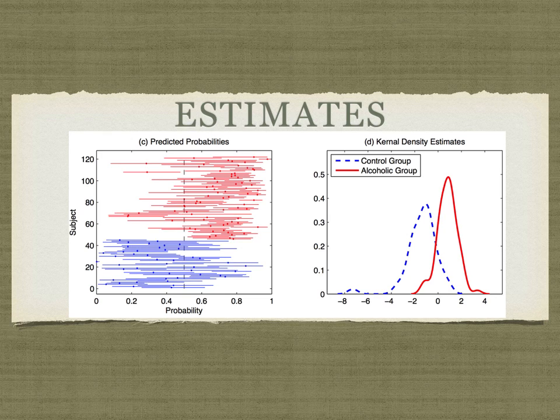After we observe that, I think the authors are trying to show us what the predicted probability would be when they approach it. On the left-hand side of the figure are the estimations between the subject and the probability. We can see that under the control group, the predicted probability of the subjects is lower compared to the predicted probabilities of the alcoholic groups.